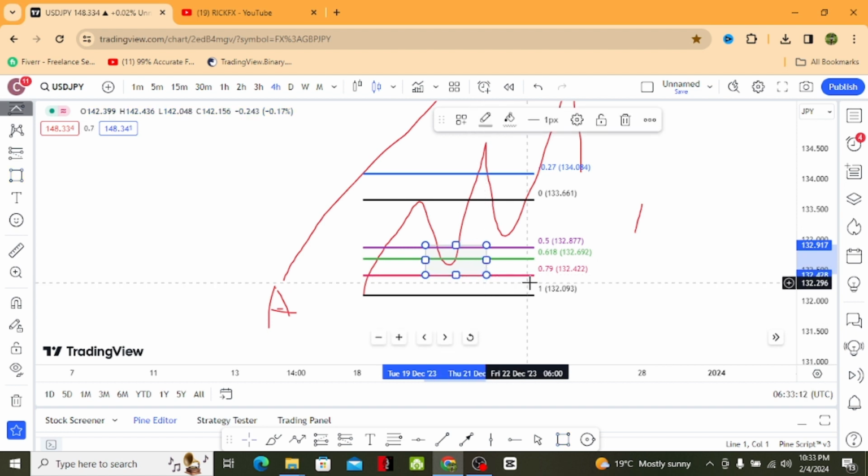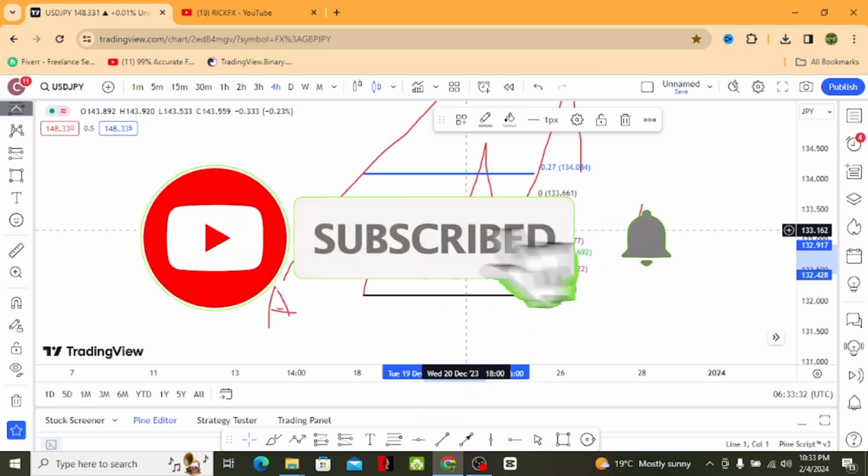So I will not just take a buy trade. I will have to wait for the market to come to any of these zones and give me a candlestick confirmation. Very important, because sometimes the market can trick you. It can come to 0.5 and trick you to enter your trade from there.